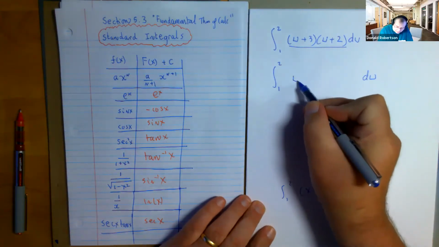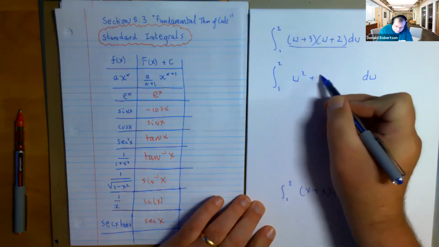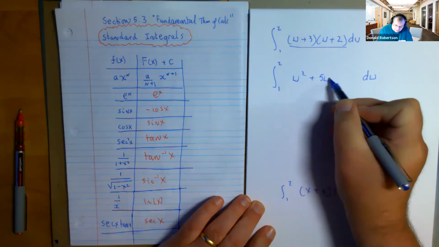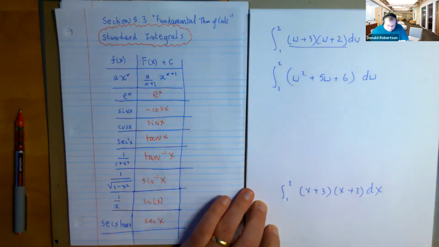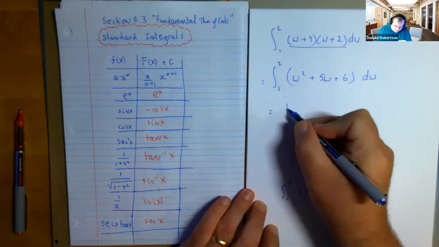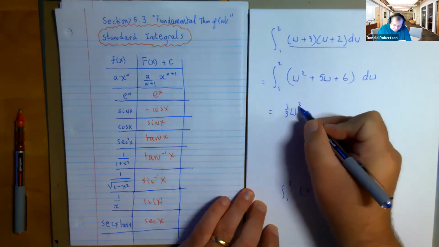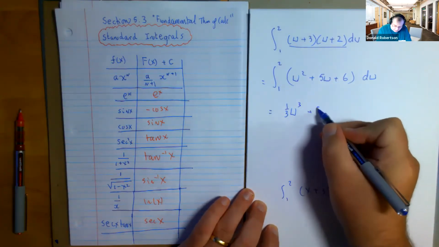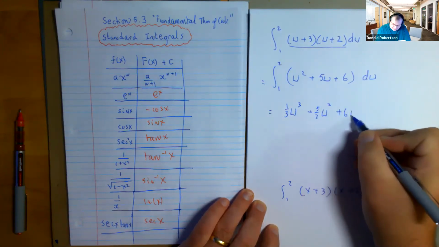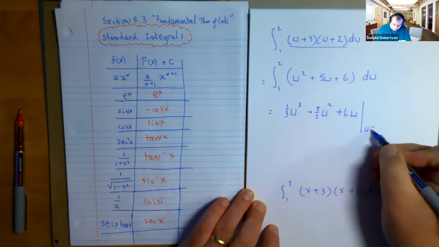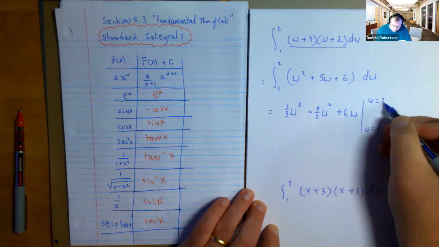Okay, now if we foil it, I hope I do it right. You get that. And then add 1 to the power, divide by the new power. Add 1 to the power, divide by the new power, and call the 6 6u, and evaluate it at u equals 1 and u equals 2.